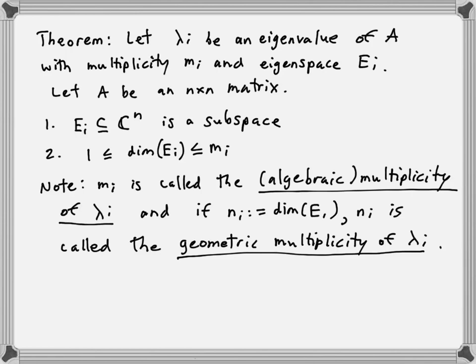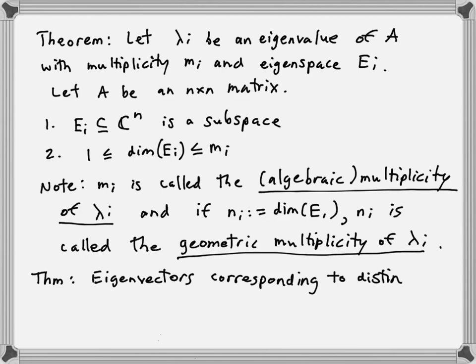Okay? So, let me give you guys a theorem. We're not going to prove this theorem, but we are going to state it. Eigenvectors corresponding to distinct eigenvalues are linearly independent.